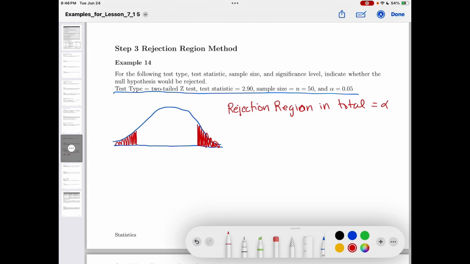Because we're looking at it as two-tailed, the alpha level is going to have to get split in half. So this wing is going to have 0.025, and this wing is going to have 0.025.